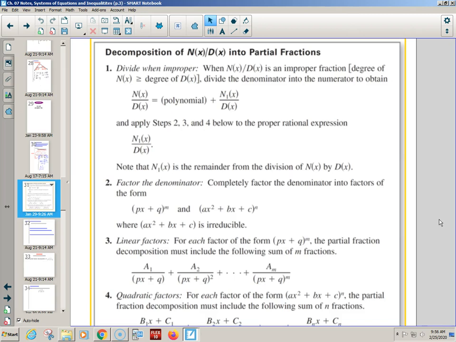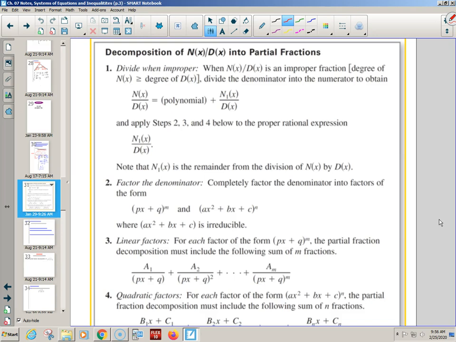Decomposing, like a decomposing body, is breaking down into its elemental pieces. We did that with compositions of functions, and now it's time to do that with rational functions, which are fractions. So before we can ever do that, though, we have to actually divide when improper first, which, a quick reminder, I'm going to put on the next page when we actually start taking notes on this.